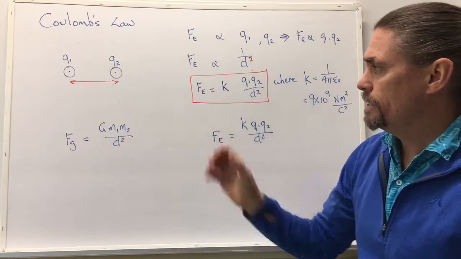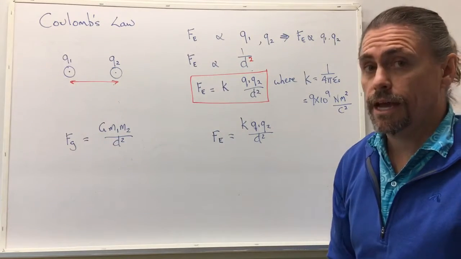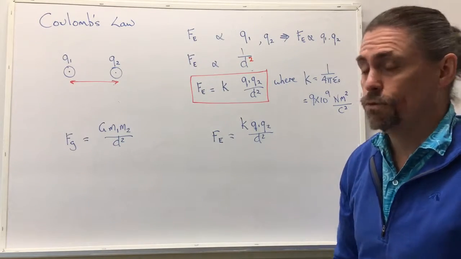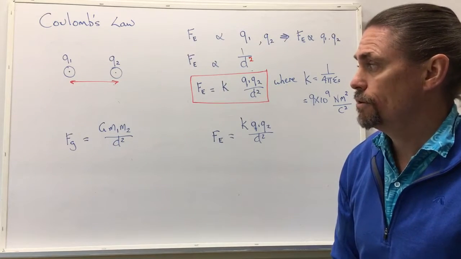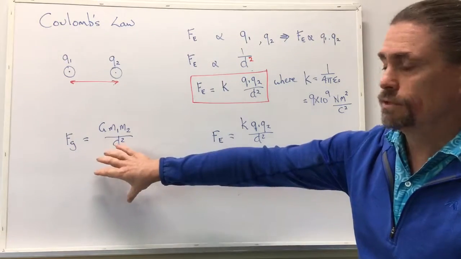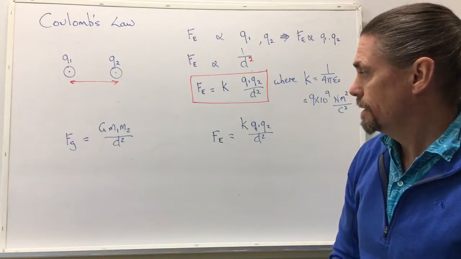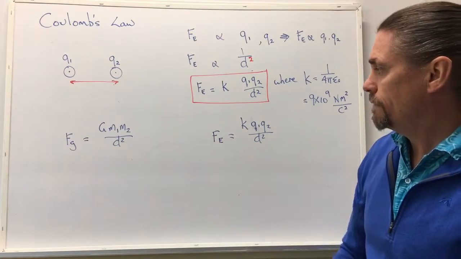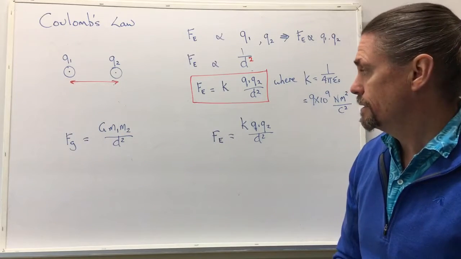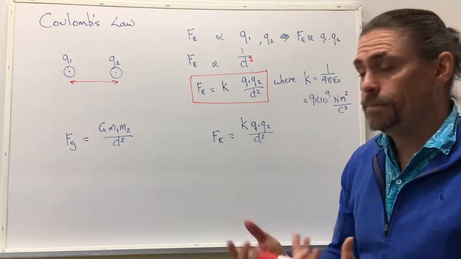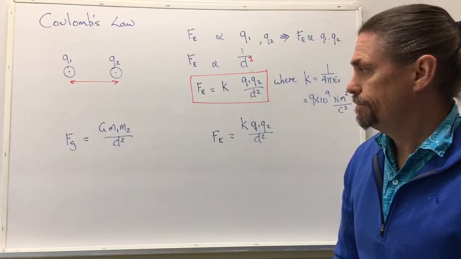So we've got some similarities between the two equations. They're both forces that act over a distance rather than by contact, but we find that force of gravity acts over a much greater distance with much larger masses. On the other hand, our electrostatic force operates over very small distances, but typically with smaller charges as well.